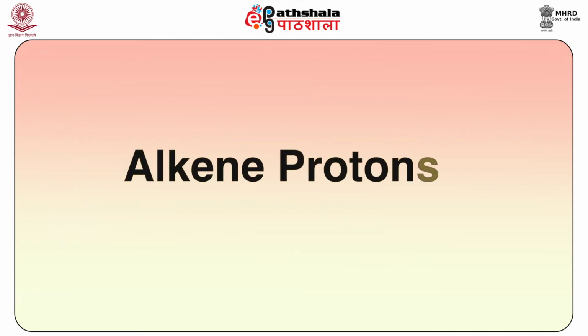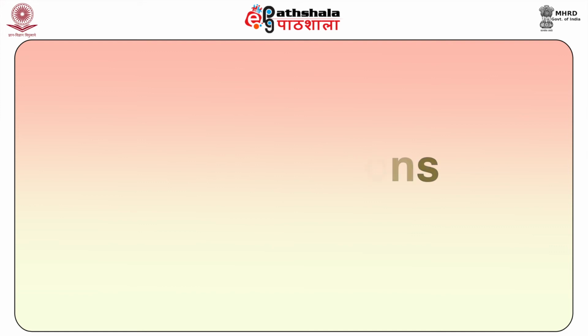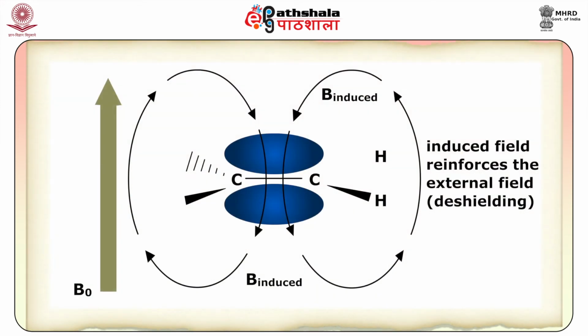Let us now first consider the alkene protons. An alkene molecule in an external magnetic field is so oriented that the plane of the double bond is perpendicular to the applied magnetic field. Thus, the circulation of pi electrons is perpendicular to the carbon-hydrogen framework of the molecule.